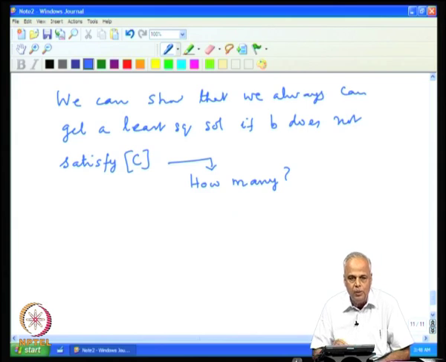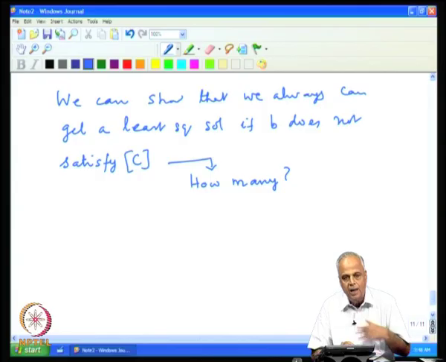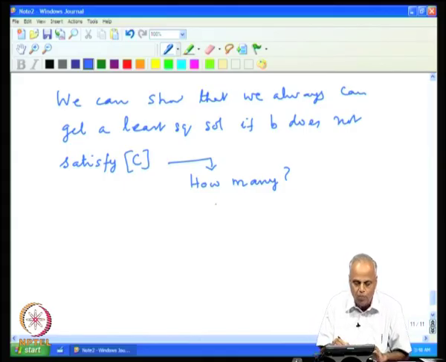Now, we get into a loop again, just as in the case when B satisfied C, there was a solution. Now, B does not satisfy C, there is a least square solution. In the case B satisfied C, how many solutions did we ask? There are one or infinitely many.